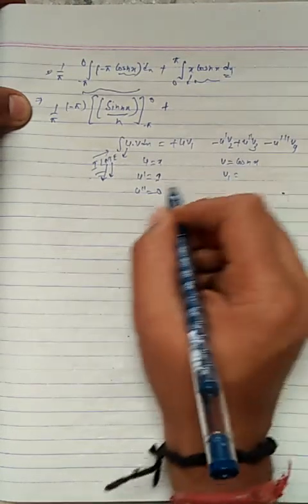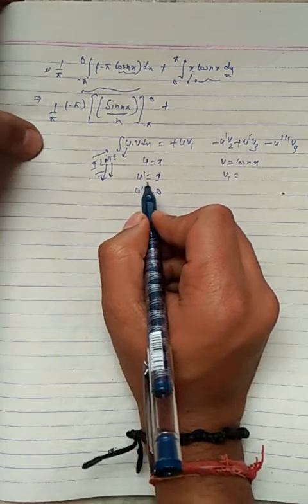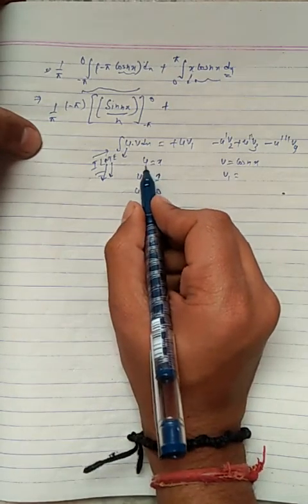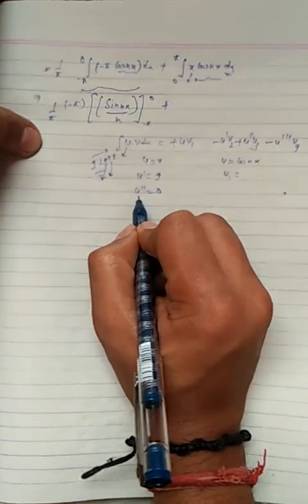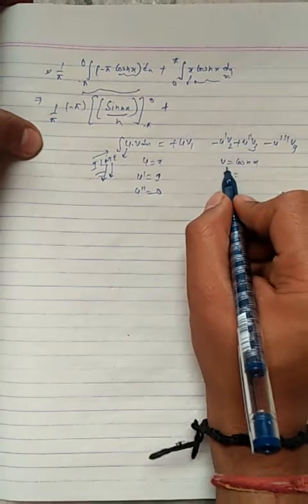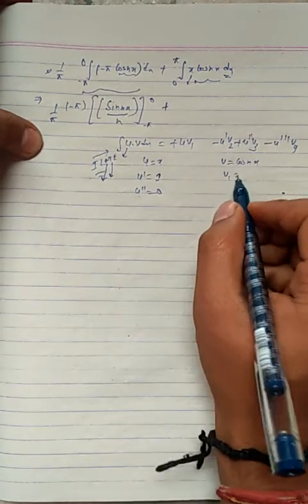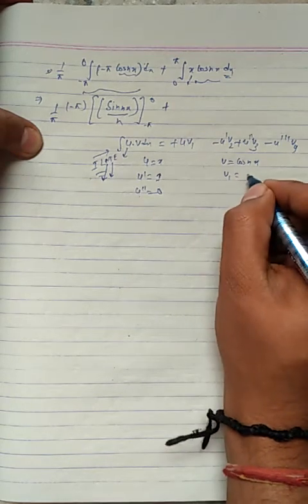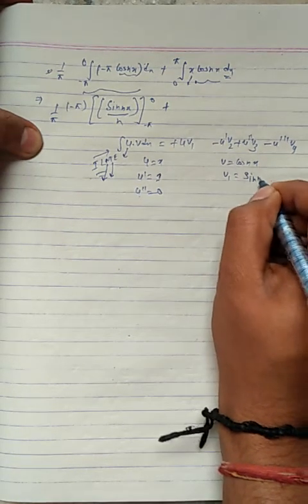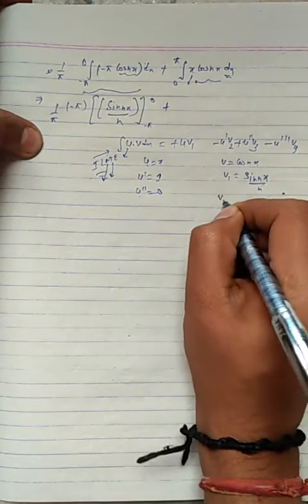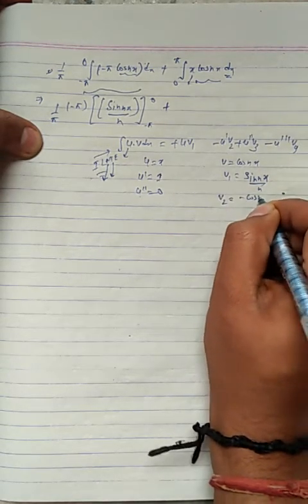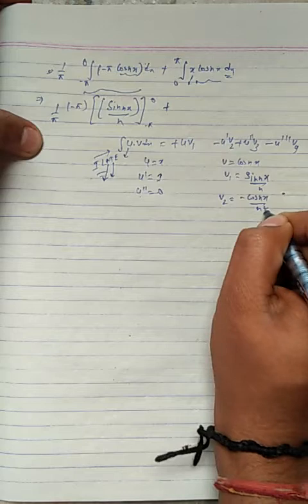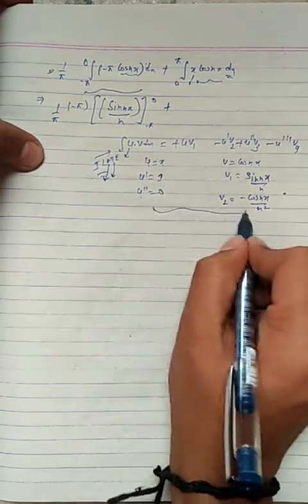Here u dash is the differentiation of u, and u double dash is the second derivative of u. Now v is cos of nx. Integration of cos of nx is sine of nx by n, and second integration is minus cos of nx divided by n square.